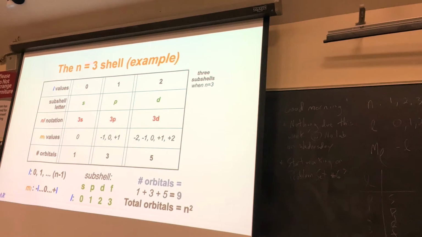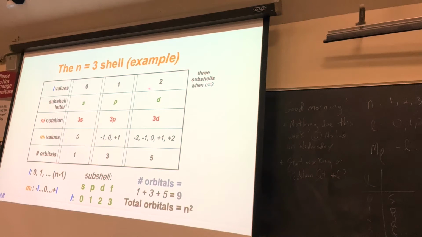If you have an n value only, then n squared is the quick way to find the number of orbitals. So if you add up 1 plus 3 plus 5, that's 9. That's the same thing as finding 3 squared, all right? Quantum is filled with different ways to find these patterns. You can do it this way, or you can sometimes just use the quick way, and either way is okay.